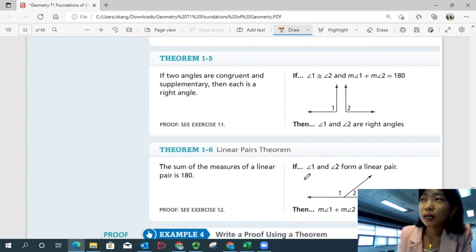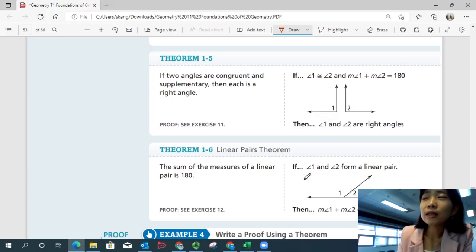All right, theorem 1-6, linear pairs theorem. Now this theorem is very important. You're going to be able to use it over and over again in future lessons. Look at what it says. The sum of the measures of a linear pair is 180 degrees.